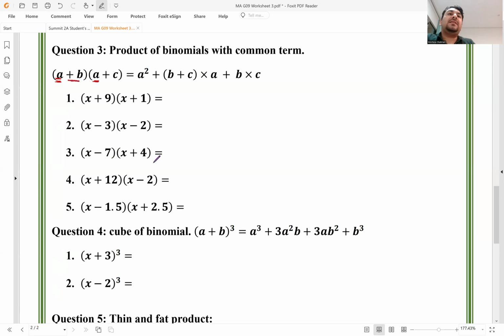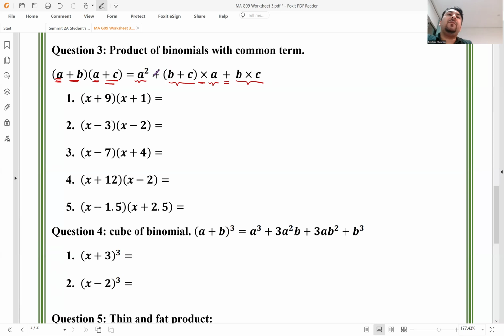So b and c are the non-common terms. Therefore, the answer would be the common term powered by 2 plus the sum of non-commons multiplied by the common term, plus the products of non-commons.